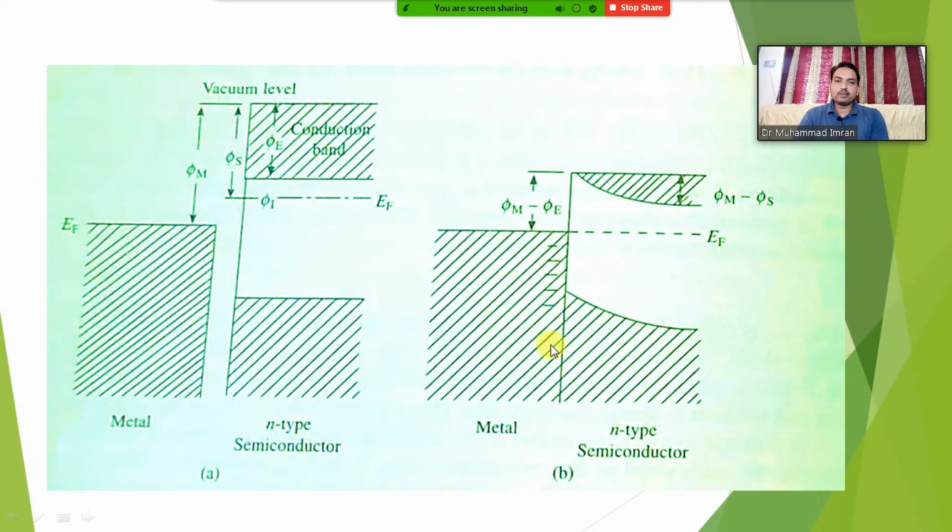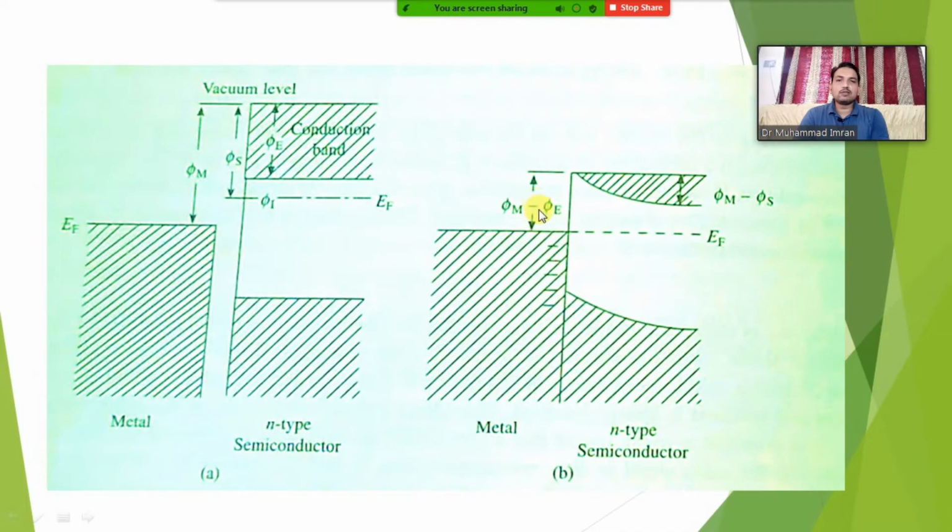This second diagram is after the contact is made. When contact is made, electrons carrying higher energy from the n-type side travel towards the metal. So a barrier develops on the n-side of the semiconductor. The barrier was always there for electrons traveling from the metal to the semiconductor, because electrons on the metal side have lower energy than electrons on the semiconductor side.